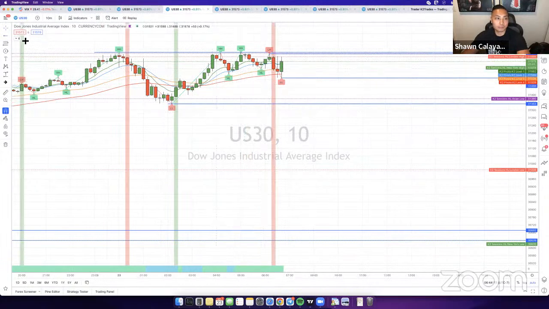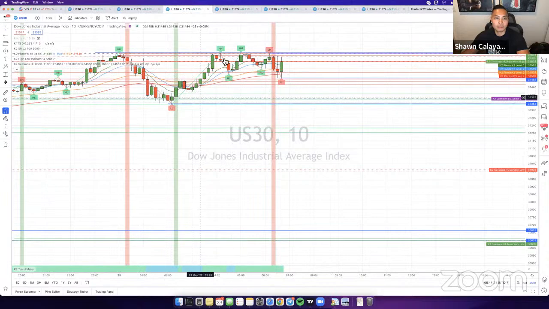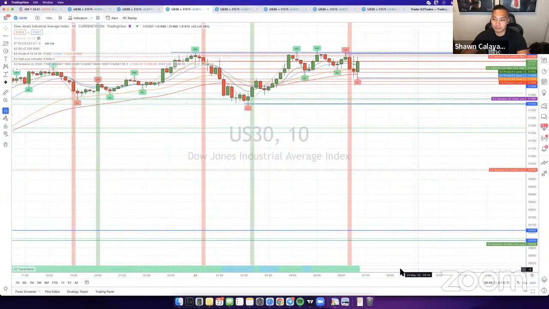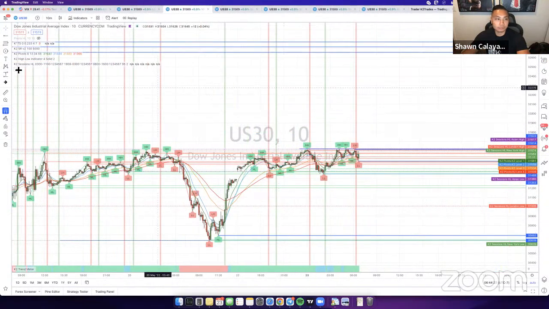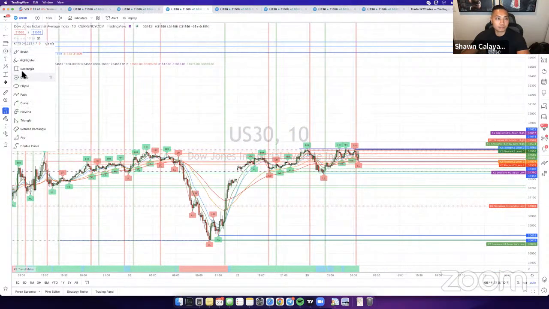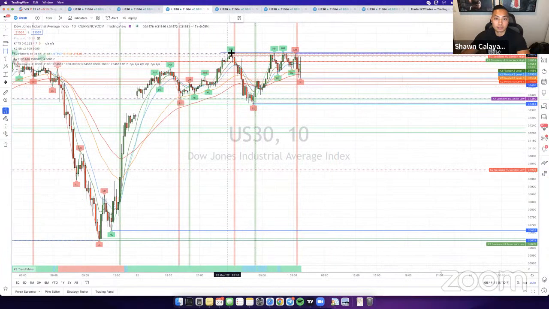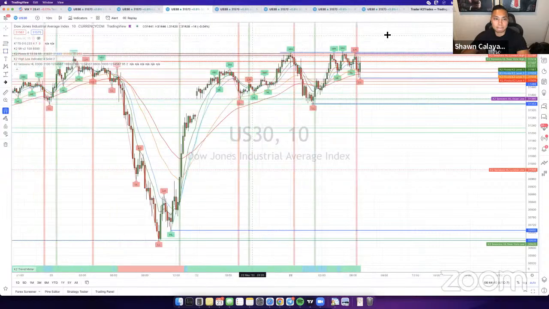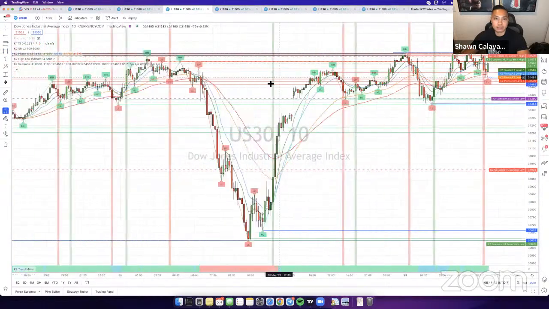I did see some people mention some snipes. Let me see if there's any snipes around here. Man, what a messy chart. There's so much stuff going on the 10-minute right now. Let me see if I can clean this up a little bit. Yeah, I don't see any snipes right here.